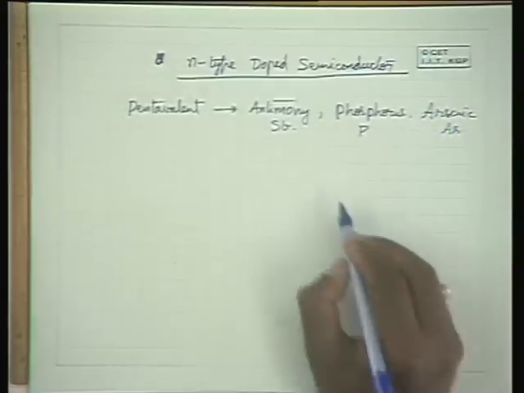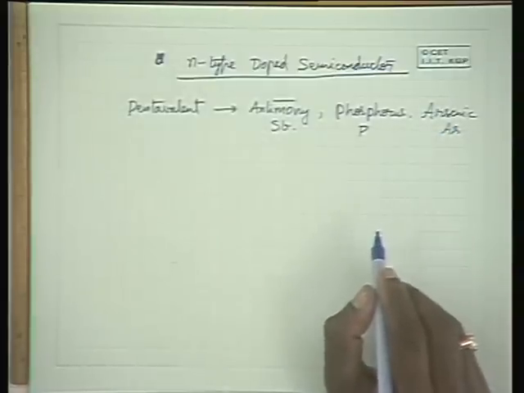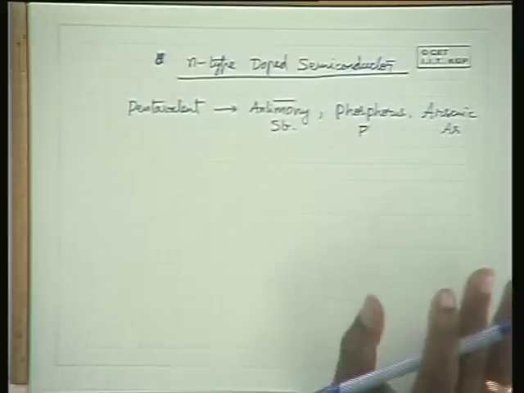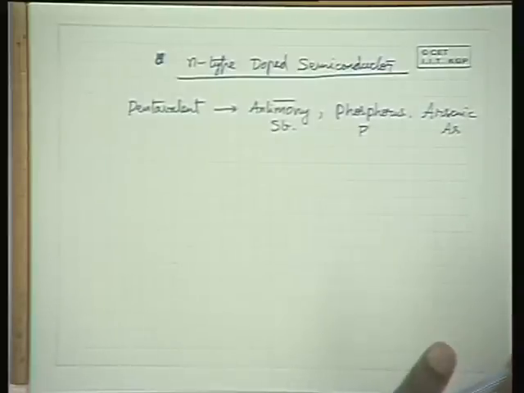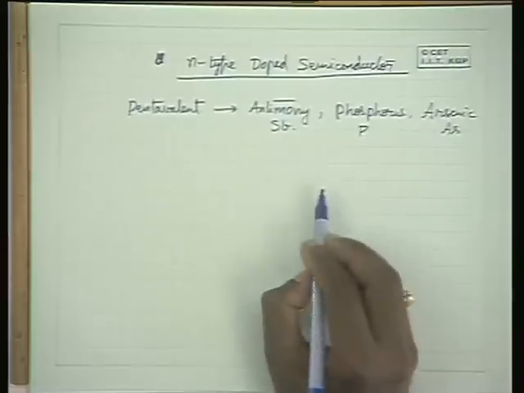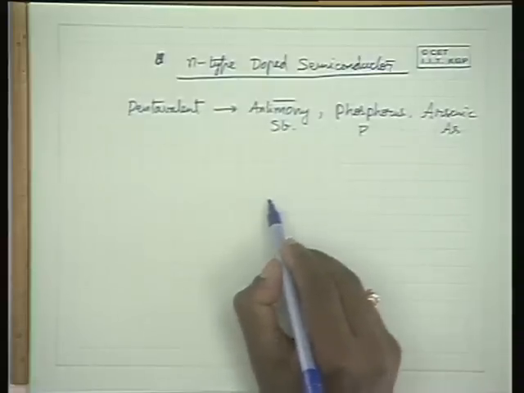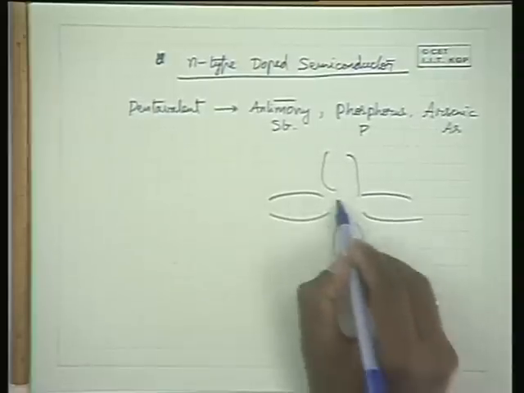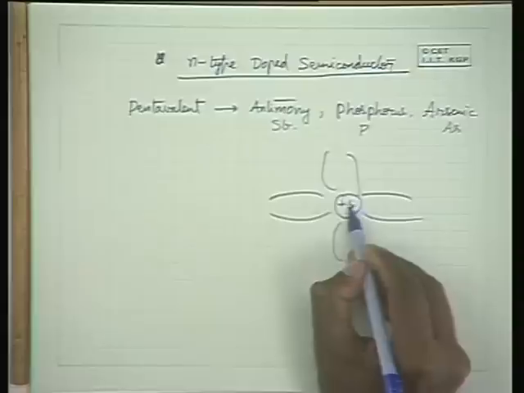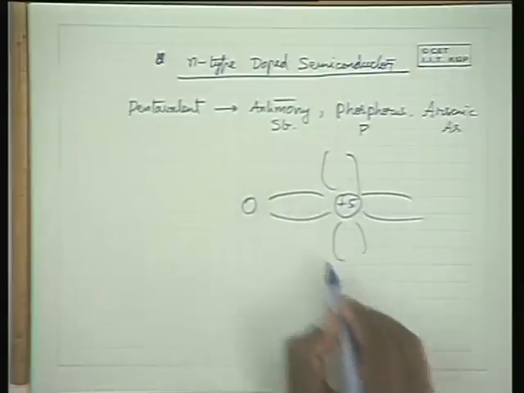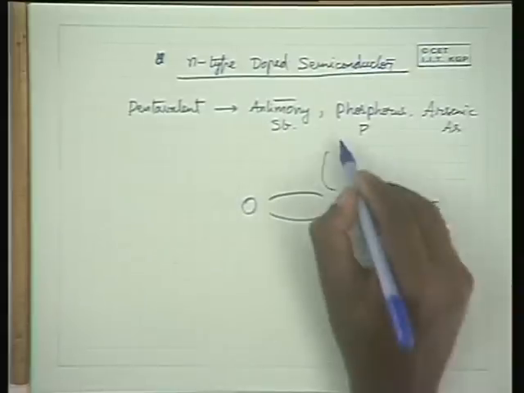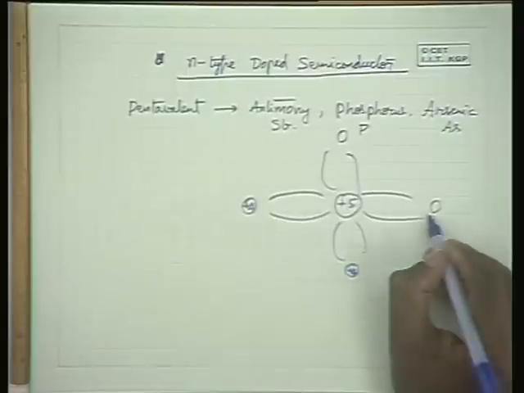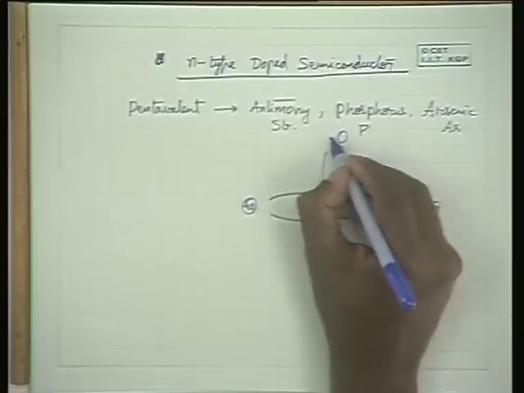So when you introduce some pentavalent atoms into the lattice at a micro level, let us see what happens. Say in the lattice we have introduced a pentavalent material over here, and the neighboring atoms are a tetravalent semiconducting material, say silicon.